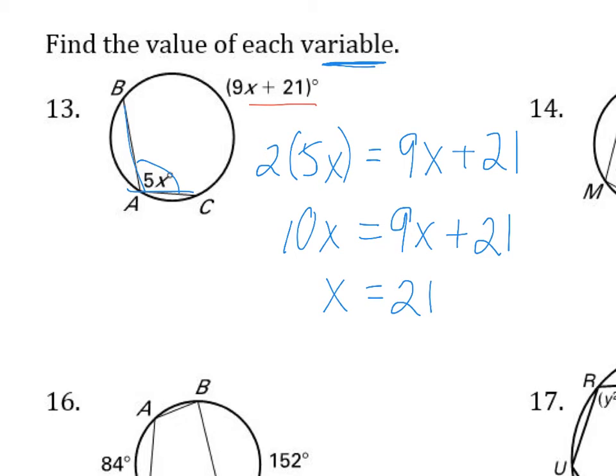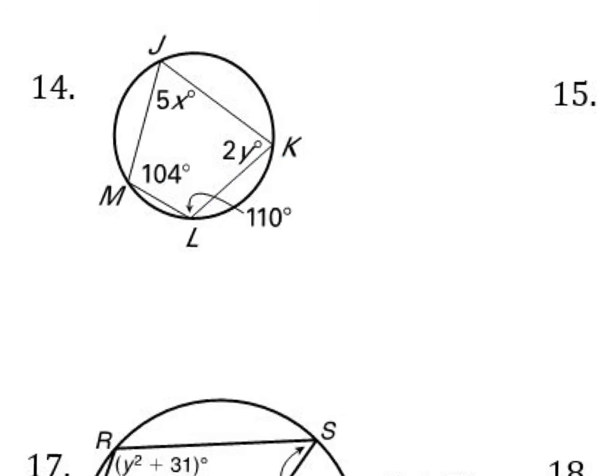Now, I just want to run through and double check to make sure this is correct. So I'm going to have 105 for the inscribed angle, and then 210 for the arc. So it looks like it works out. My inscribed angle is actually half the measure of my intercepted arc. For the next problem, I have an inscribed quadrilateral, so I know I'm going to be applying the inscribed quadrilateral theorem.